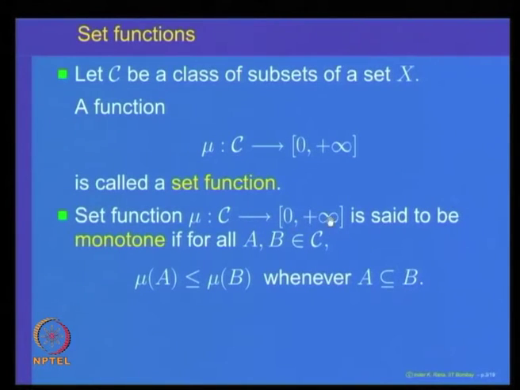A set function mu is said to be monotone if it has the following property, namely for any two sets A and B in C, mu of A is less than or equal to mu of B whenever A is a subset of B. So, it is some kind of a monotone property that whenever A is a subset of B and both are in the collection C, we want that mu of A should be less than or equal to mu of B. So, this is called the monotone property.